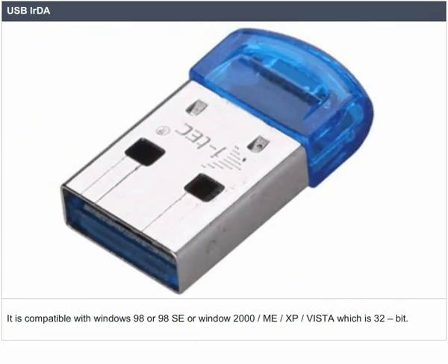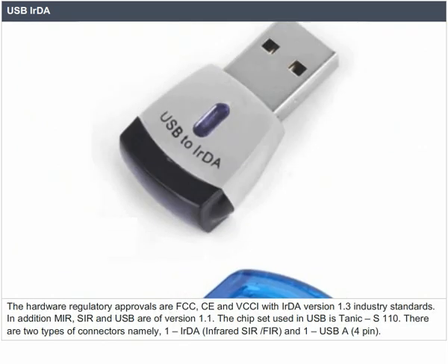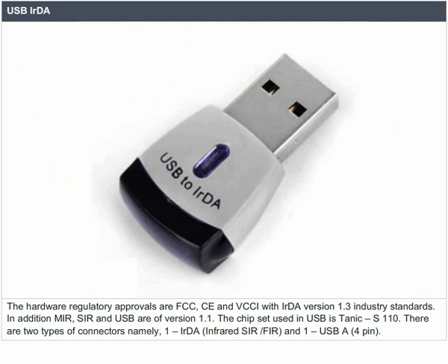It is compatible with Windows 98 or 98 SE, Windows 2000, ME, XP, Vista, which is 32-bit. The hardware regulatory approvals are FCC, CE, and VCCI with IrDA version 1.3 industry standards. In addition, MIR, SIR, and USB are of version 1.1. The chipset used in USB is TANIC S110.